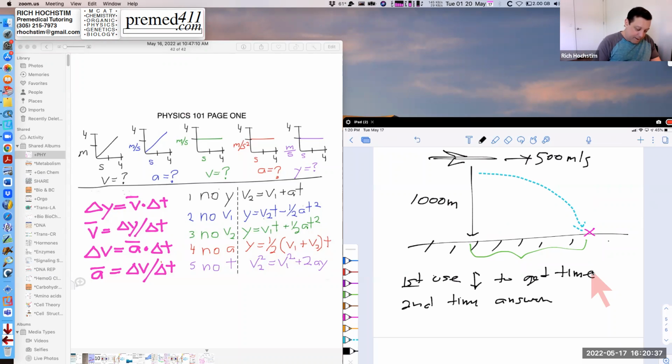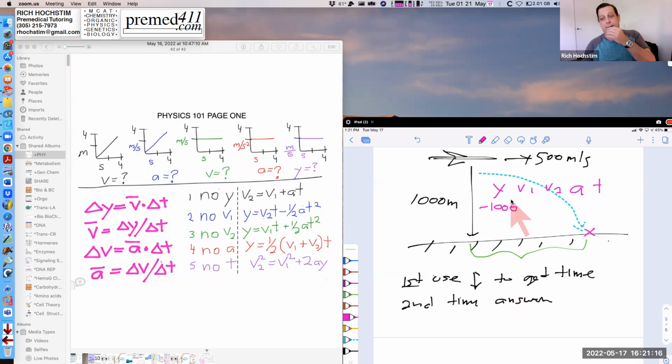So I'll come over here and say we have Y, we have V1, V2, we have A, and we have T. Okay, so Y is minus 1,000. And then our value for V1, by the way, everything I'm doing here is vertical. So the plane has a velocity, but its vertical velocity is 0. That's important. See what I'm doing here? It's vertical. We must treat these independent of each other. We'll deal with the horizontal velocity in the second step.